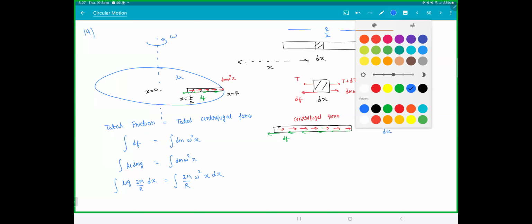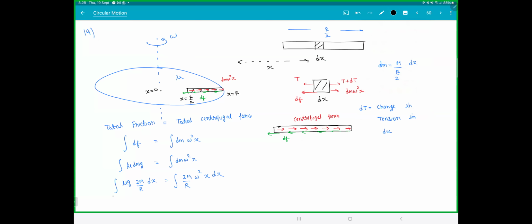What are the limits? The rod is starting from r by 2 and going till r. So here we will get 2 mu m g by r integral dx from r by 2 to r, and this will be 2m omega square by r integral x dx from r by 2 to r.